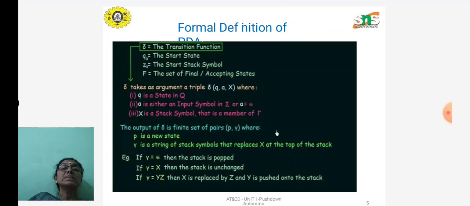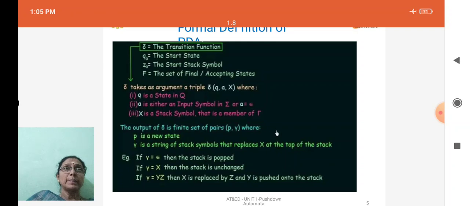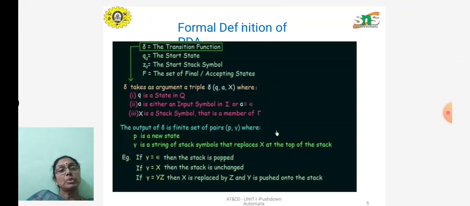Suppose you have YZ, then X is replaced by Z and Y is pushed onto the stack. In the stack representation of YZ, Y is on the top and Z is at the bottom. So X is replaced, and Y is pushed onto the stack. This is how the transition function differs between the finite state automata and the pushdown automata.